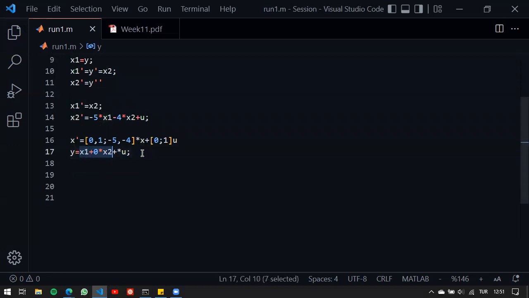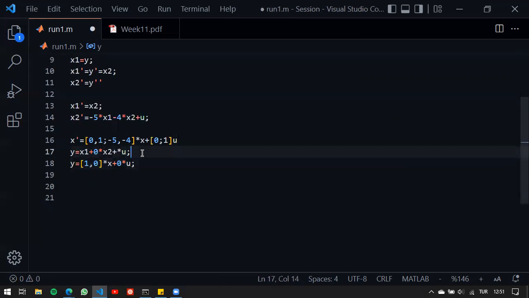Putting this in matrix form again, let me just update that. This is just one row because eventually we'll get 1 by 1, a scalar, y. And here we have a 2 by 1 vector, x. So this would be 1, and then we will have 0.